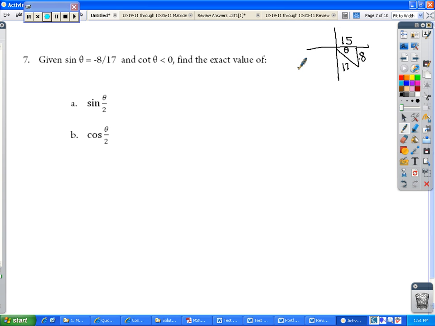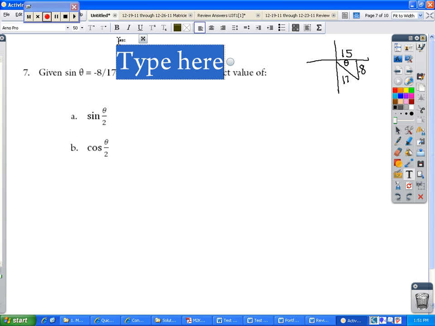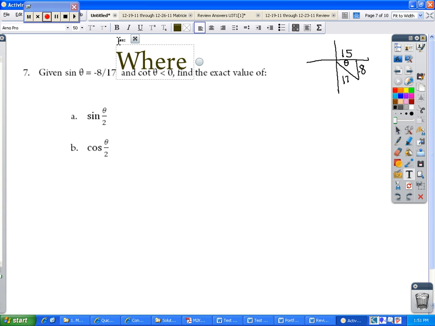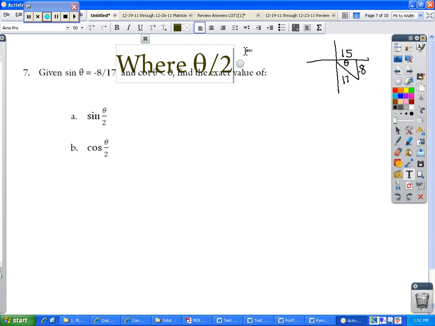Now you can take a look and see for our half angles which quadrant we're going to terminate in. Because remember that we are only concerned with where theta over 2, or the half angle, terminates. So where does theta over 2 terminate?